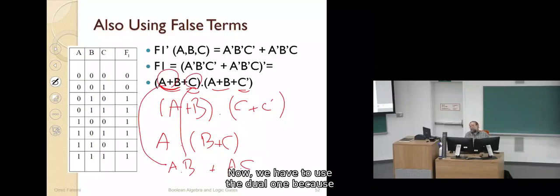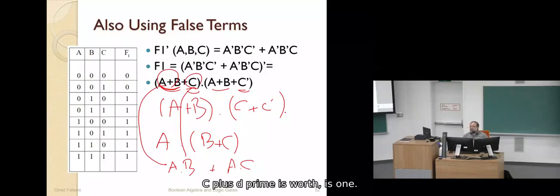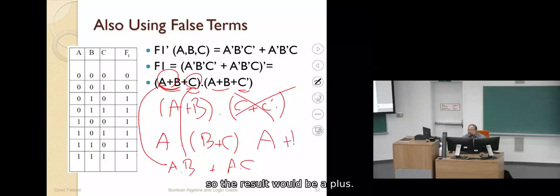Oh, no, we have to use the dual one because here we have plus and then factor it. The same thing. Okay? And it is much easier. You see now, we have A plus B and C plus C prime. C plus C prime is what? It is 1. So 1 and everything, so the result would be A plus B.